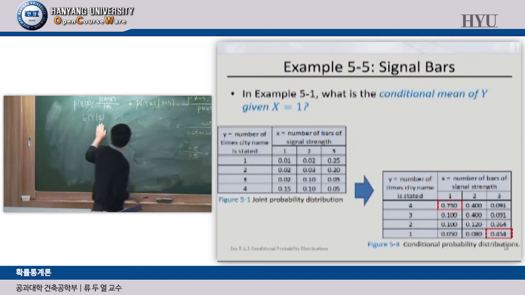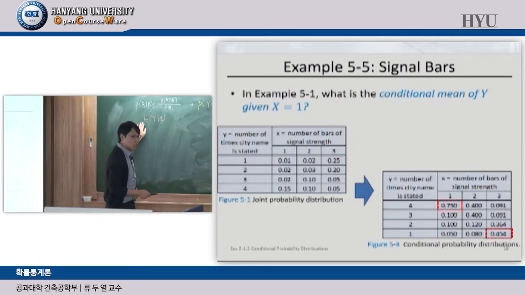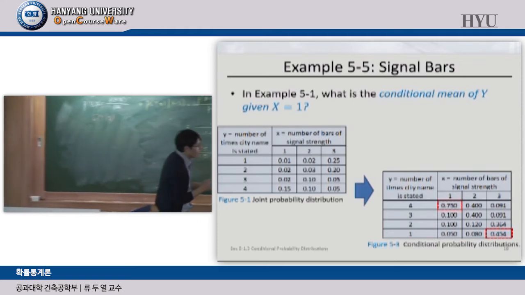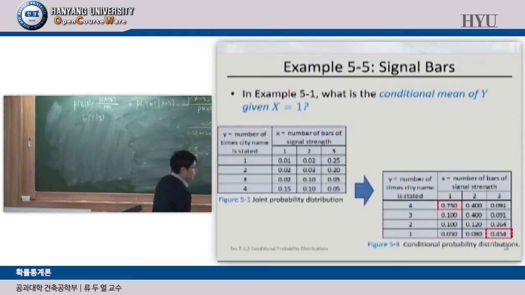Because when we solve the mean of the conditional probability mass function case, we have to use the conditional probability distributions, right? So if the joint distribution was given in the problem, we first have to transfer the joint probability distribution table to the conditional probability distributions to solve the mean and variance, okay?